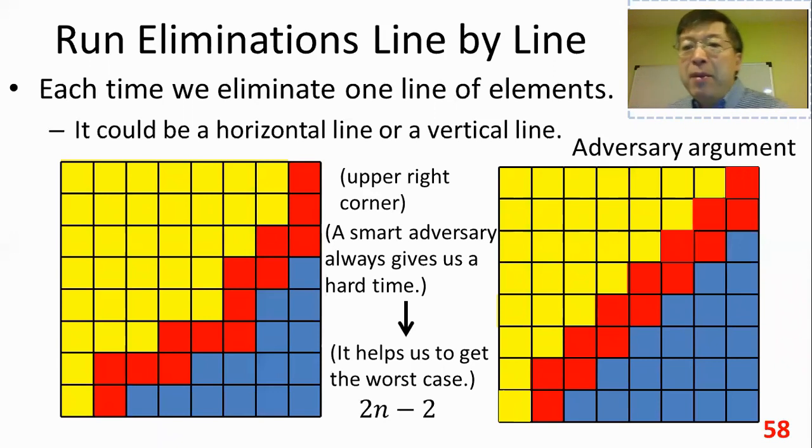That means we only need to do 2n minus 2 comparisons. So for the worst case, we can find that element or the result, because we could miss it, right? So this is a big O algorithm. This solves the problem.